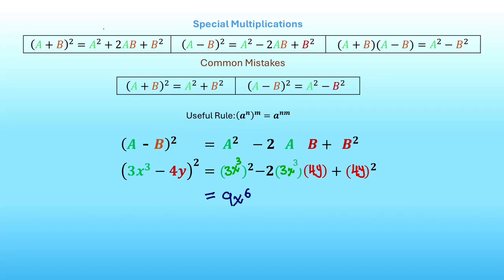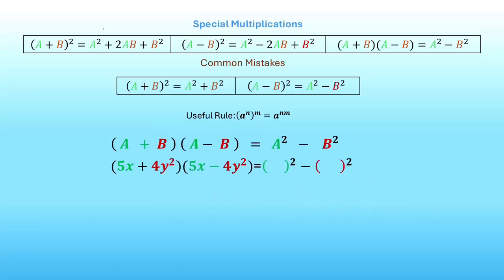We can just multiply the coefficient factors. 2 times 3 is 6 times 4, that's 24. So minus 24x cubed y. And then we have plus the square of 4y, which is 16y squared. And that's how you can do this multiplication or expansion quickly without wasting time on foiling out the binomial.